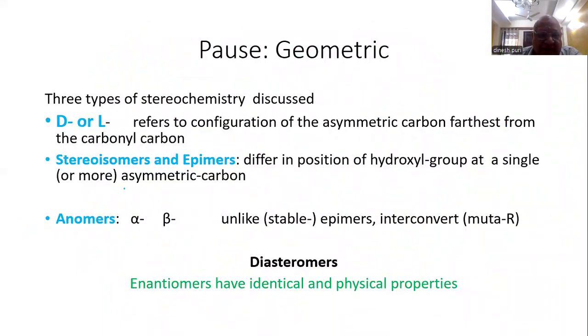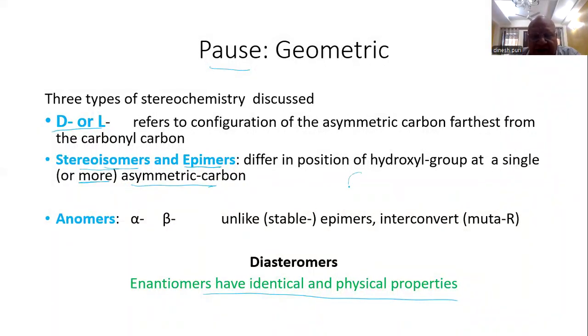So we take a break now, a pause rather. D and L enantiomers have identical physical and chemical properties; they are mirror images of each other. Stereoisomers, a broad term, differ in position of the hydroxyl group at one or more carbon atoms. Epimer is narrow, differing at a single carbon.